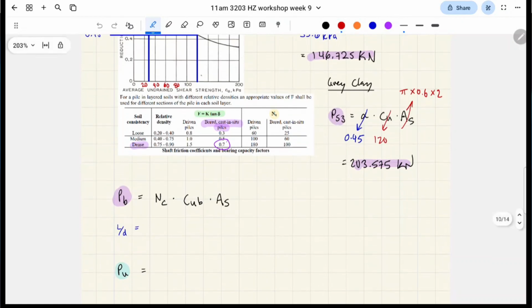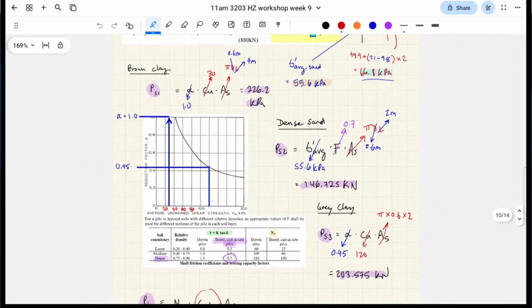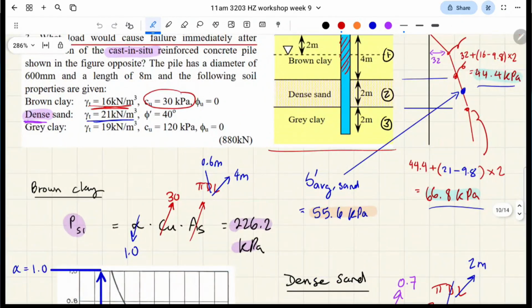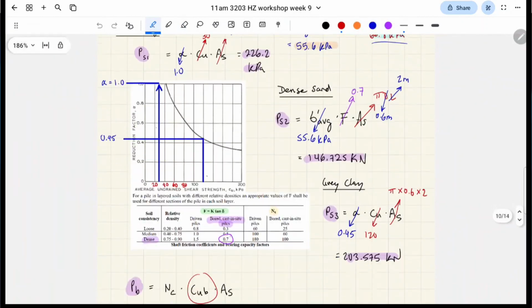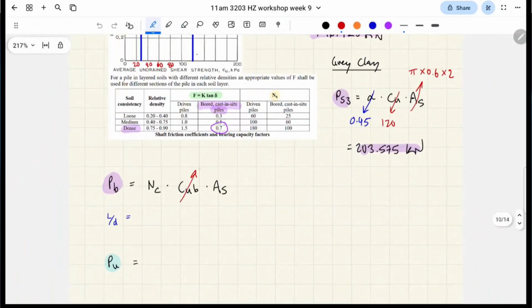Okay, so let's talk about Cub first. Cub is the cohesion 2 pile diameters below the base. If you look at our question, there's no rainbow clay or something underneath there, so it doesn't really matter. We're just going to take the grey clay's cohesion value, so that's going to be 120.